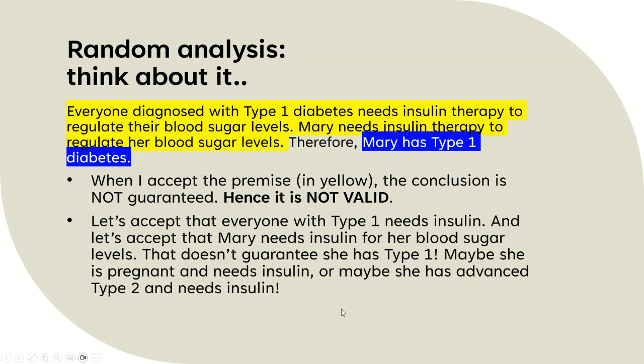Well, Mary might be pregnant and need insulin, right? So it says Mary needs insulin therapy, but maybe the reason why she needs insulin therapy is that she's pregnant, not that she has type 1 diabetes. Alternatively, maybe she has advanced type 2 diabetes and therefore needs insulin. Okay, so here's the idea. When we accept these premises, the conclusion is not guaranteed, and that's why this argument is invalid.